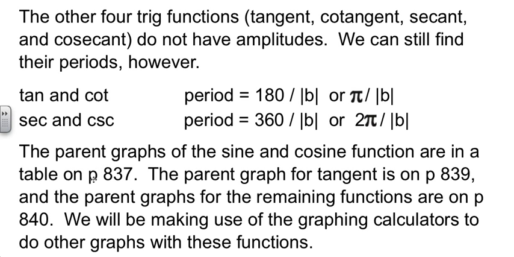If I were in your position, I would put those into my notes in that blank space down there. You'll find sine and cosine on 837. You'll find tangent on 839, and you'll find the other 3 on 840. Now, if they just ask us to make the basic parent graph, we can do that, because we'll have that right there in our references.